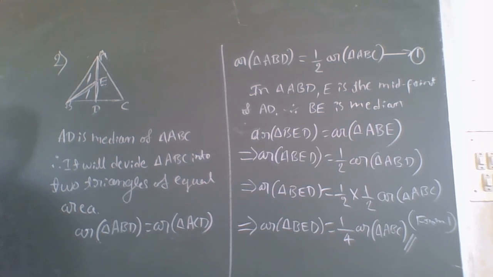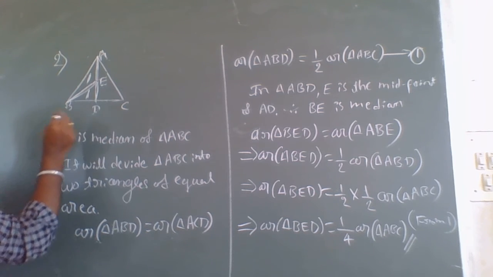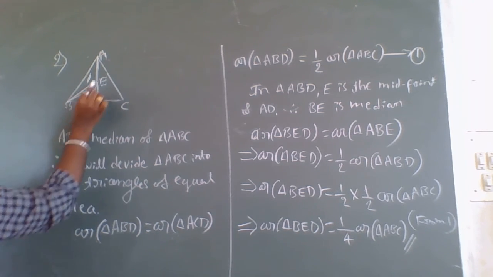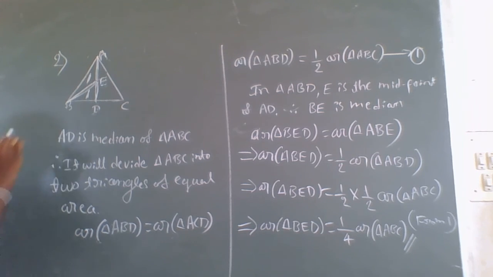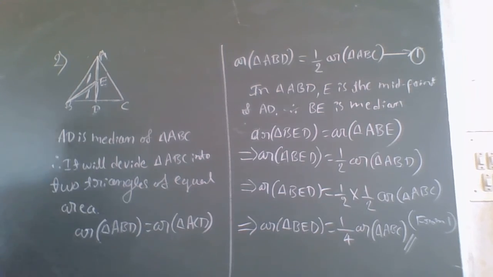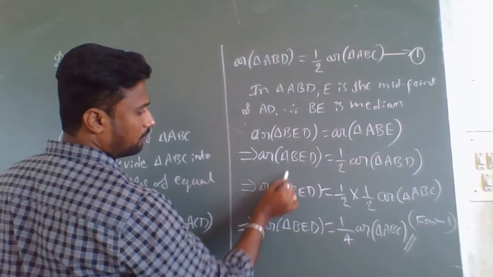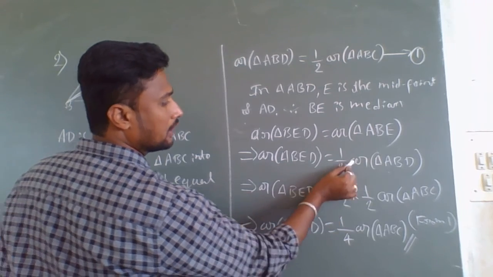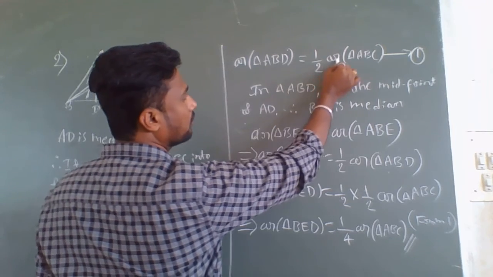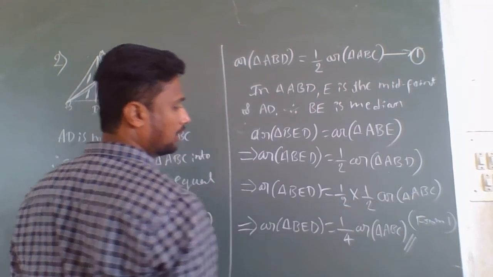So area of BED equals half of the area of triangle ABD, means 1 by 2 into 1 by 2 of area of triangle ABC.